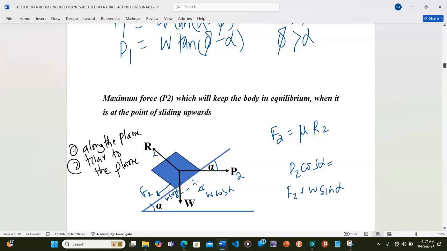So when we resolve perpendicular to the plane, the forces at 90 degrees to the plane include R2, a component of weight, which is W cos alpha, and also a component of P2, which is P2 sine alpha.